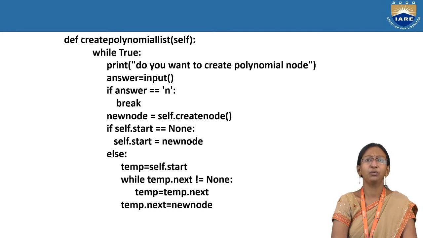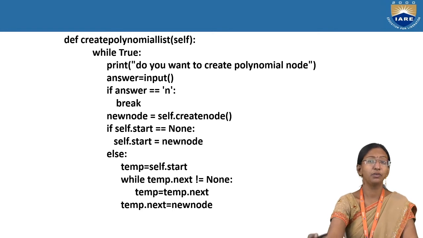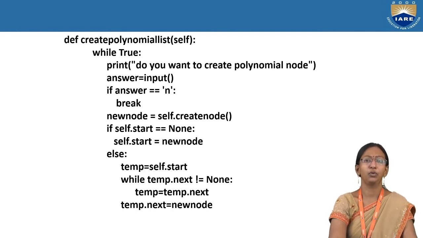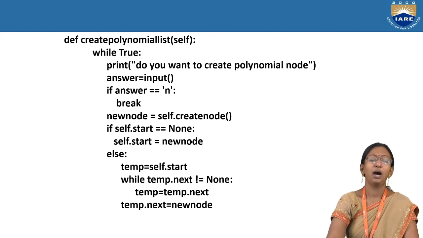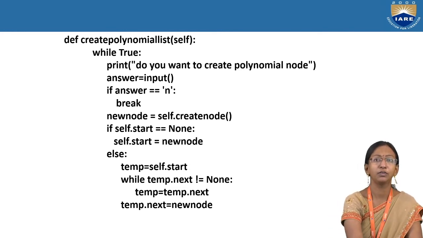It can be any value. So unless I give an exit condition, that means I pose a question, do you still want to create a node? And if I say no, for which I am going to use the character n, it is going to break and come out of the loop. Unless I wish, I am going to continue creating the polynomial. That is the fun of this one.